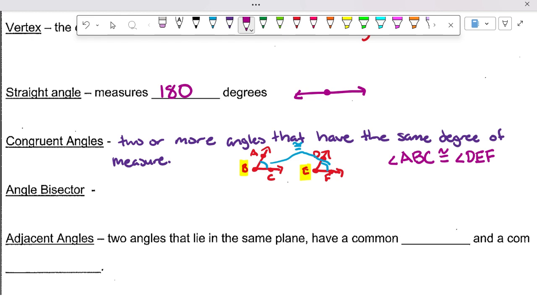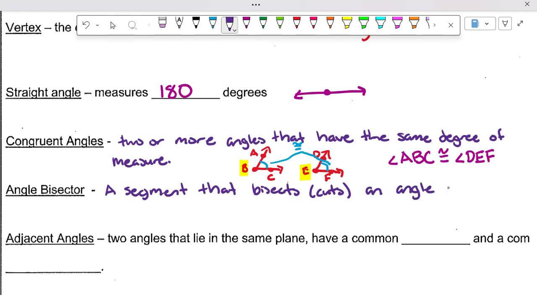An angle bisector is a segment that bisects or cuts an angle in half. And by half, I mean 2 congruent pieces.